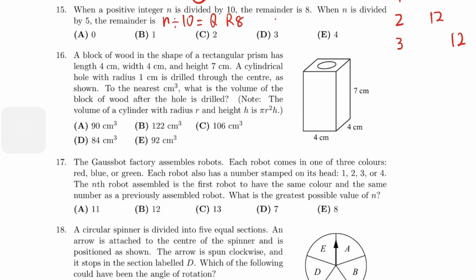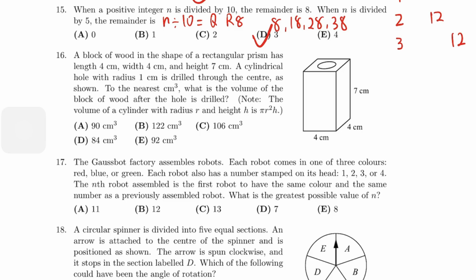For example, like 8, 18, 28, or 38, something like that. So if those numbers are divided by 5, the remainder will all be 3, right? So the answer is D.